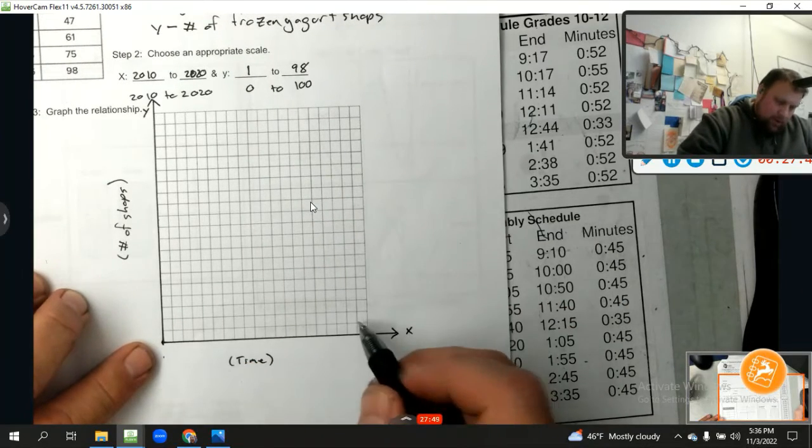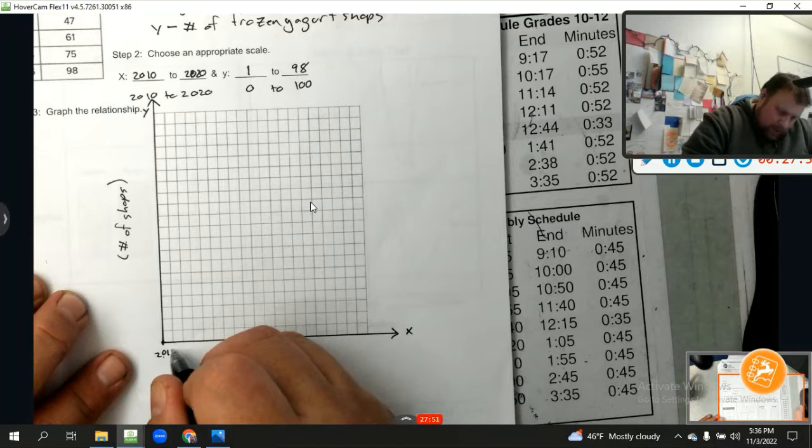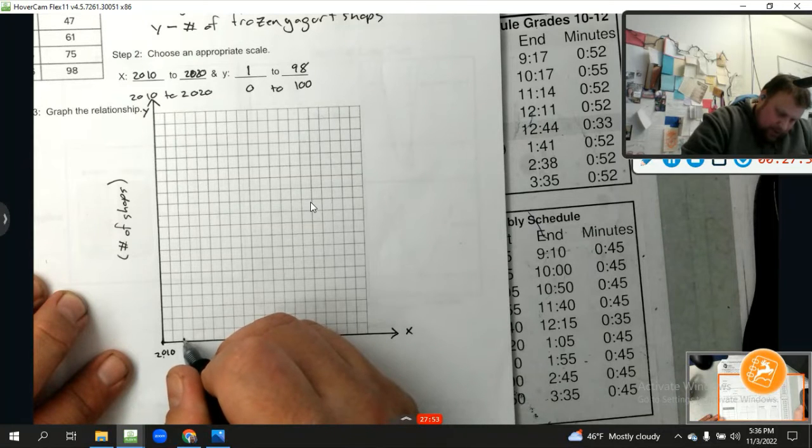Since I have 20 and I'm going 10, I'm going to start out with 2010, and every 2 tick marks is going to be a year.